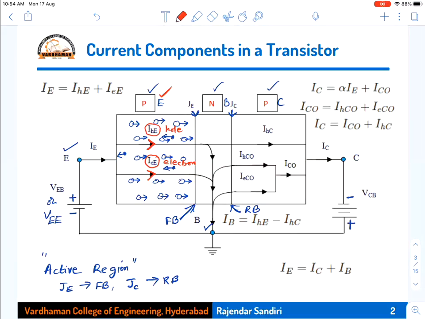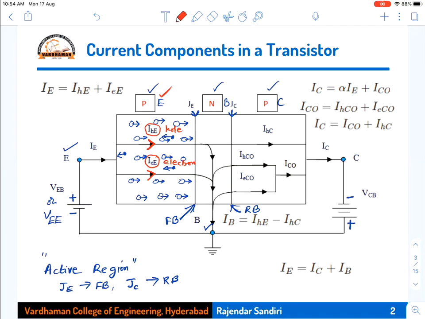Those are represented by IHE for hole current and IEE for electron current. We have to take the entire current in the emitter, which is because of holes plus because of electrons. That's why this transistor is a bipolar transistor, because the current conduction is due to flow of both types of charge carriers, holes as well as electrons.